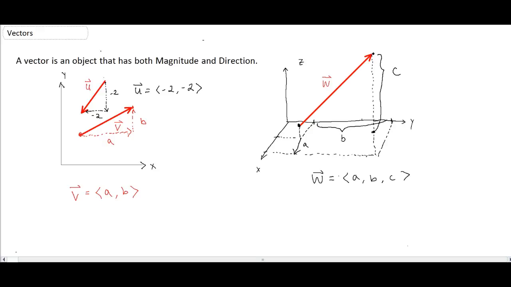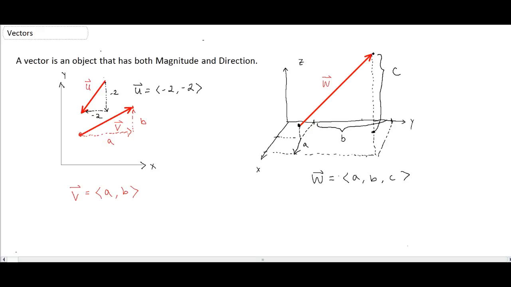So this is a very convenient way to describe vectors, especially because using arrows we can only do it for 2 dimensions and 3 dimensions, and of course above 3 dimensions we cannot describe vectors using arrows anymore.